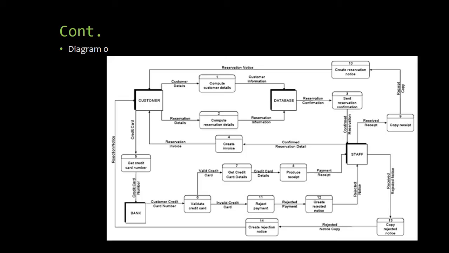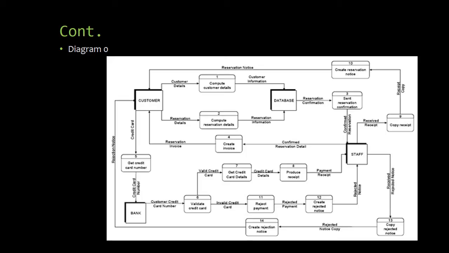The credit card number will be received by the bank, and they will validate the credit card. And here we have two scenarios. One, if the credit card is valid, and the other is when the credit card is invalid.